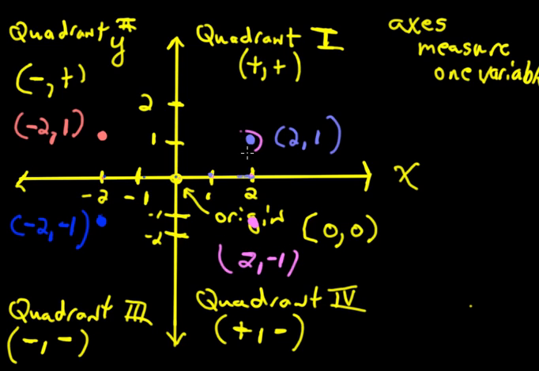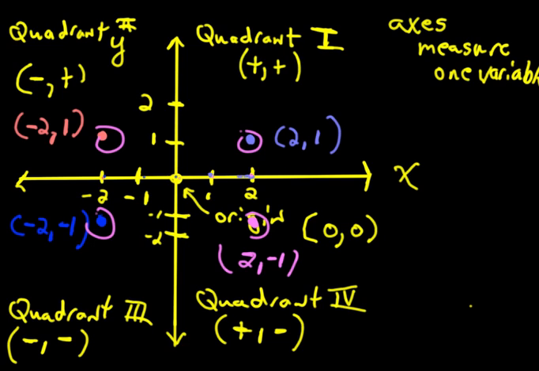And so we have these 4 points that are all the same distance from the origin, but they lie in different directions. And so the ability of the axis system is to have a place that's 0, 0, and to be able to move in a positive, negative direction from it. We can map out any point on a flat surface. And this lets us start treating our equations that way.